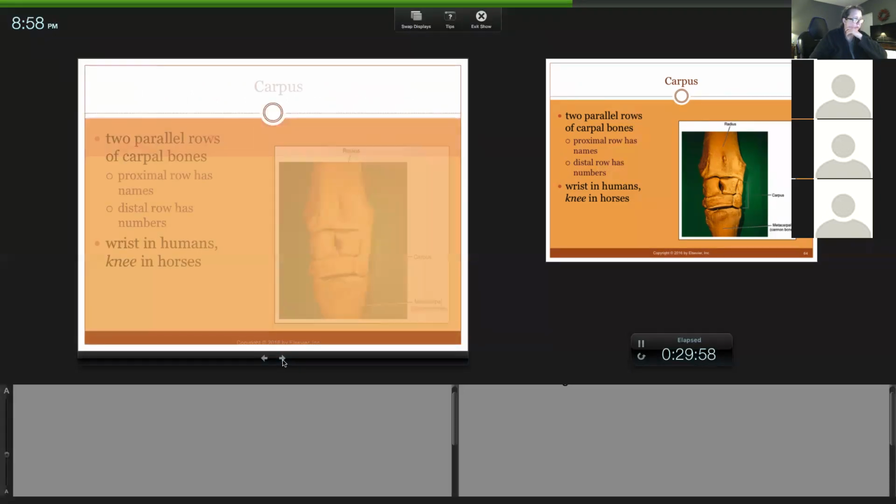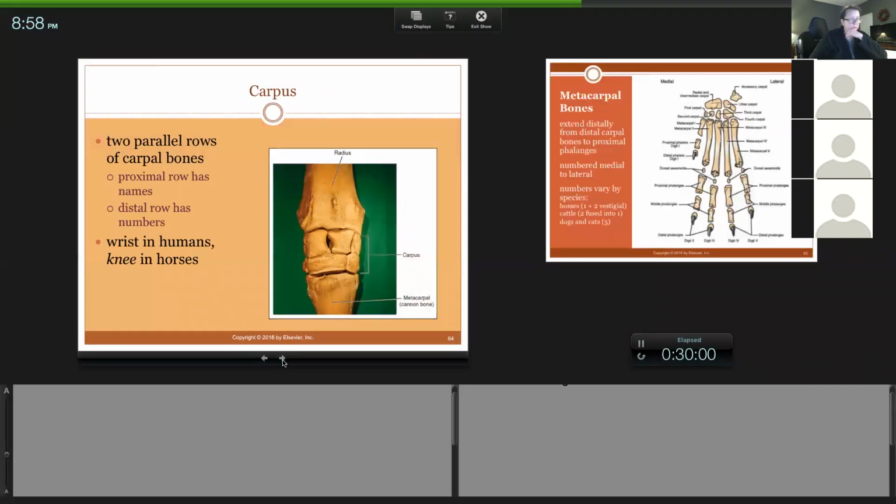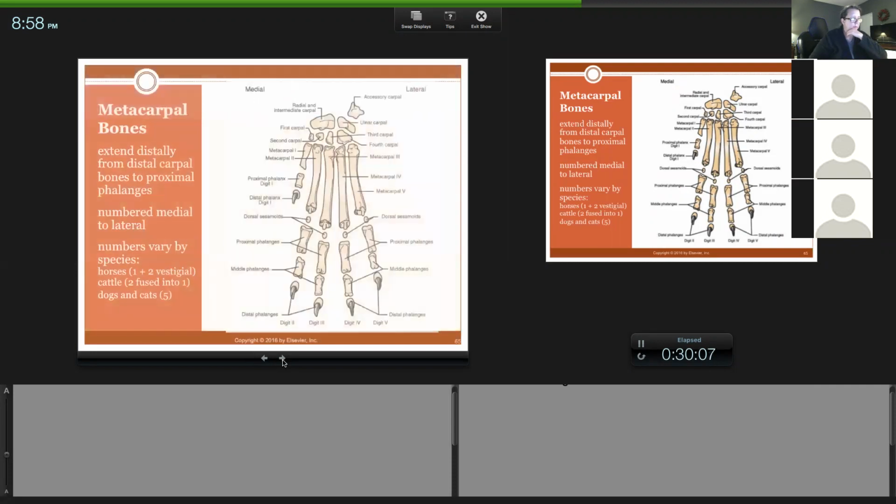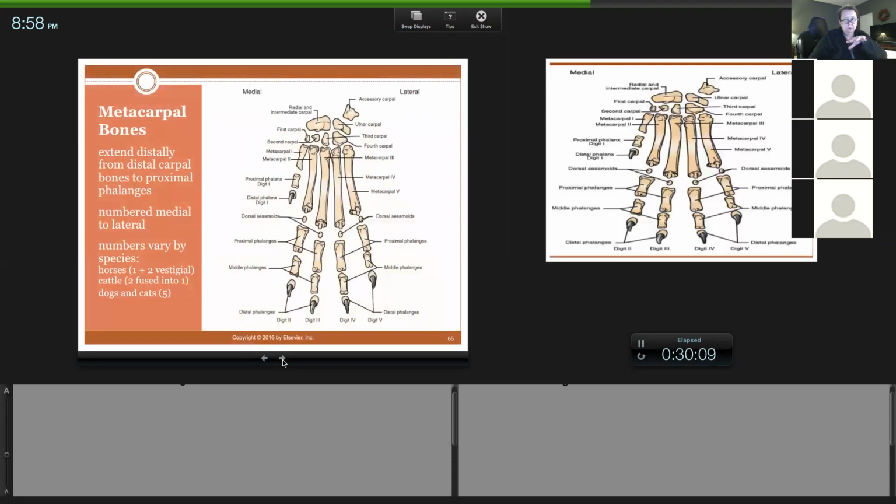Then we have the carpus, short bones. They articulate together. Now to review, metacarpals, which would be the upper part of the paw, are numbered medial to lateral, 1, 2, 3, 4, 5.